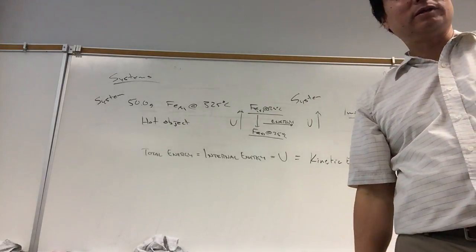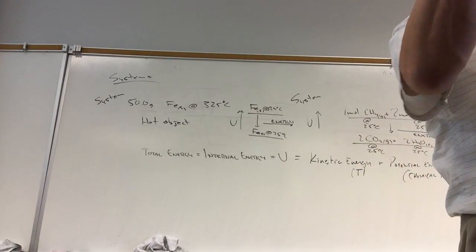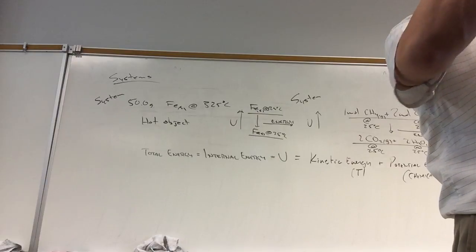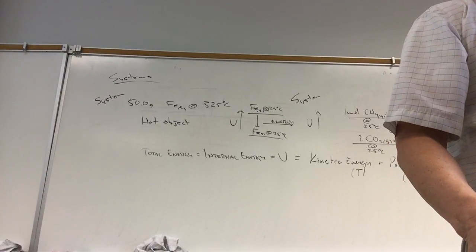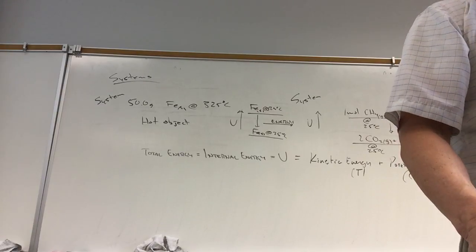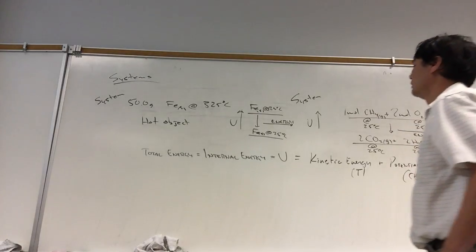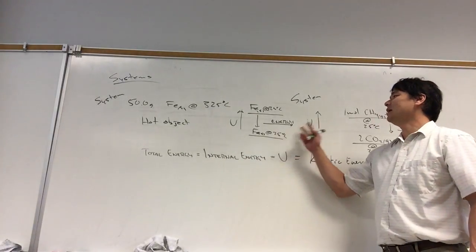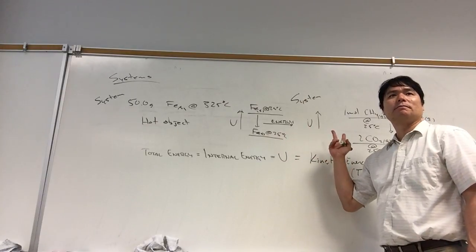But the way we deal with this is this. We can figure out what temperature the CO2 and the water will be at its peak. We can do that, but we don't. In thermo, we try to keep things as simple as possible. And so what we do in thermo is we try not to mix what we call kinetic energy with potential energy.